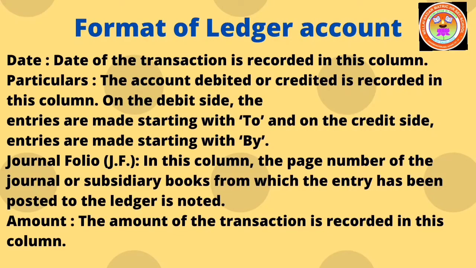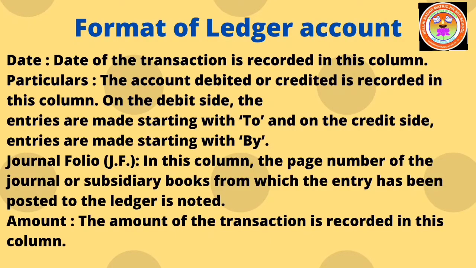Following are the details contained in the various columns in the ledger. First one, date. Date of the transaction is recorded in this column. Particulars. The account debited or credited is recorded in this column. On the debit side, the entries are made starting with TO, and on the credit side, entries are made starting with BY.